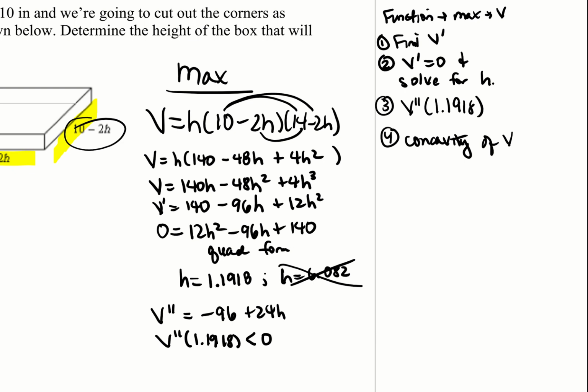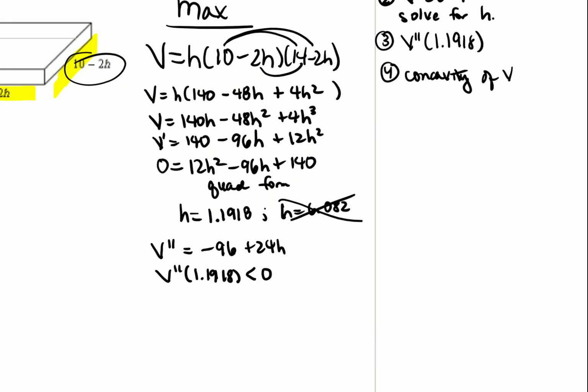I actually don't care what the value is. What I care about is that this is still going to be a negative. What this tells me is that V is concave down, at least at that point. It doesn't mean that this is concave down everywhere. This could end up being positive for certain values of h, but it is concave down at the one point at h equal to 1.1918.